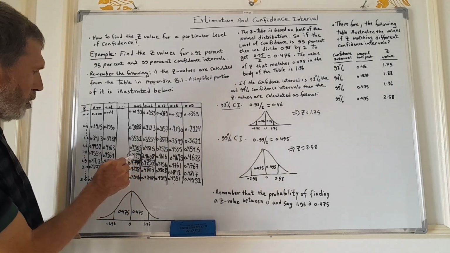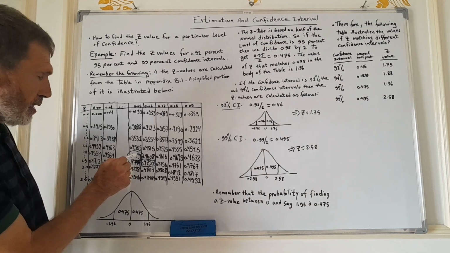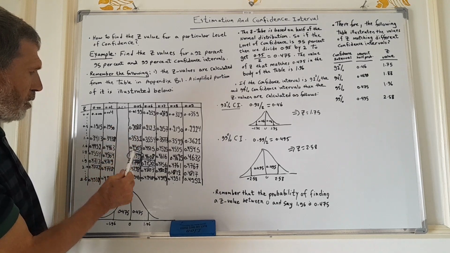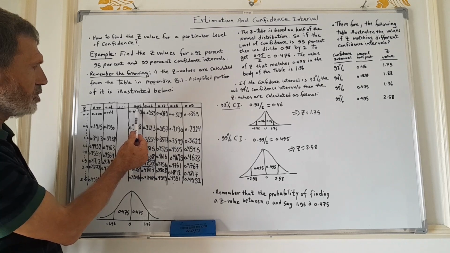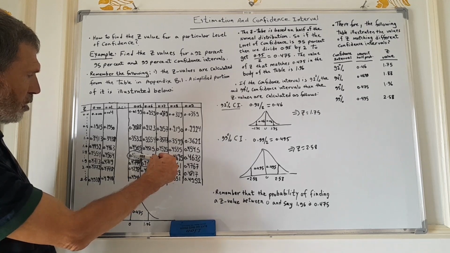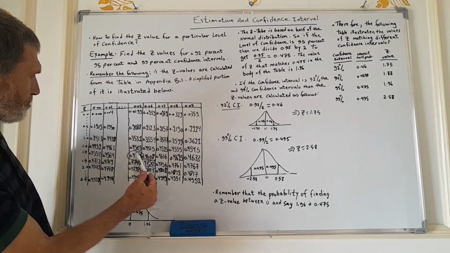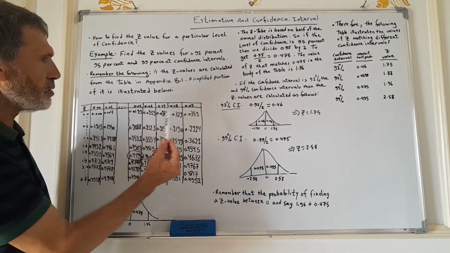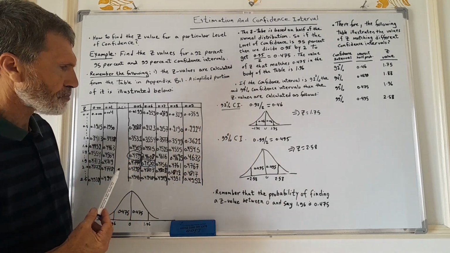To find the z-value corresponding to 0.4599, we move up along the column until we touch 0.05, and then we move to the left along the row until we find 1.7. So 1.75 is the z-value that corresponds to a 92% confidence interval.